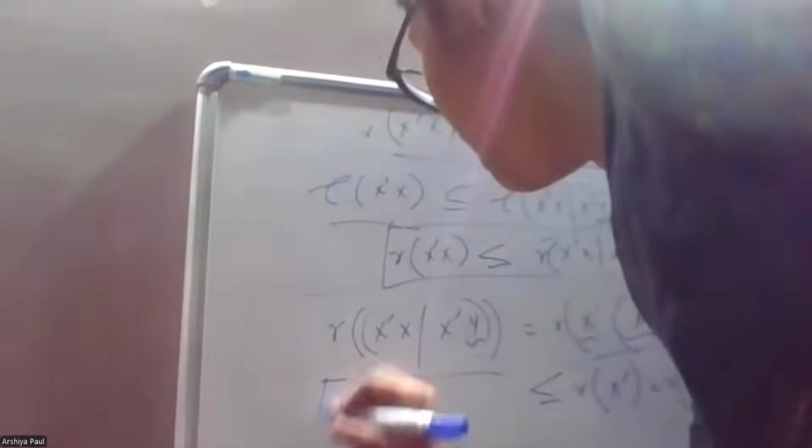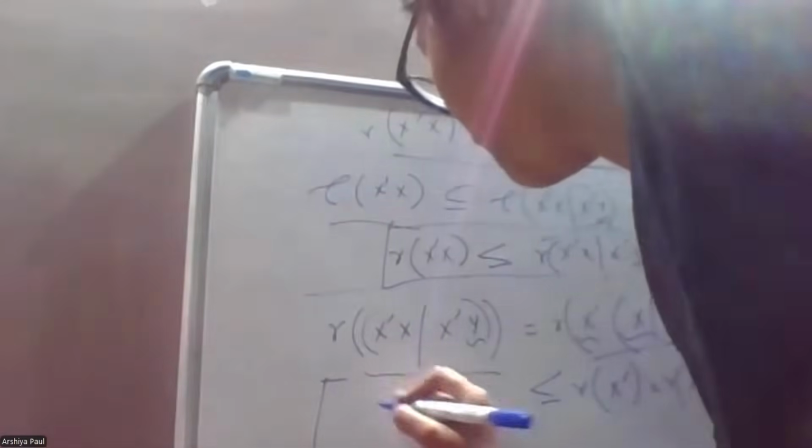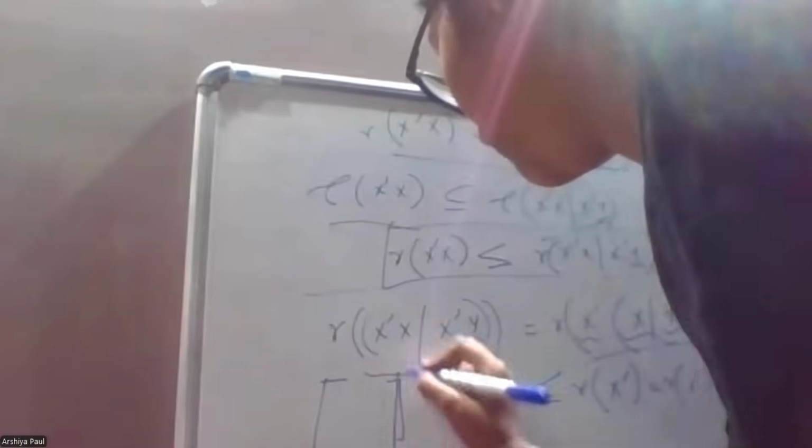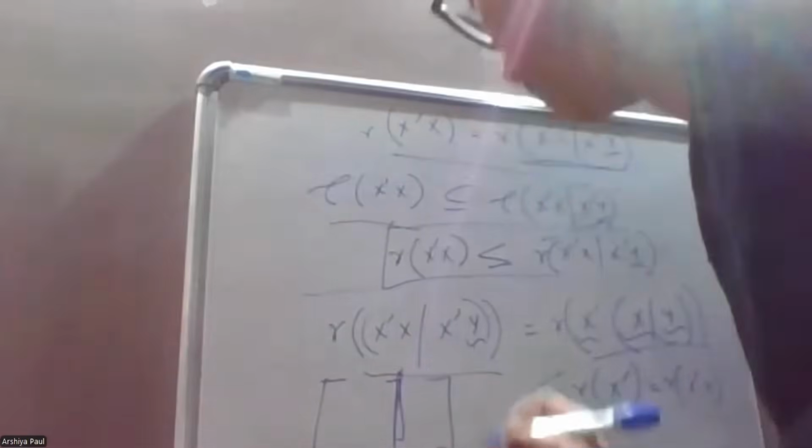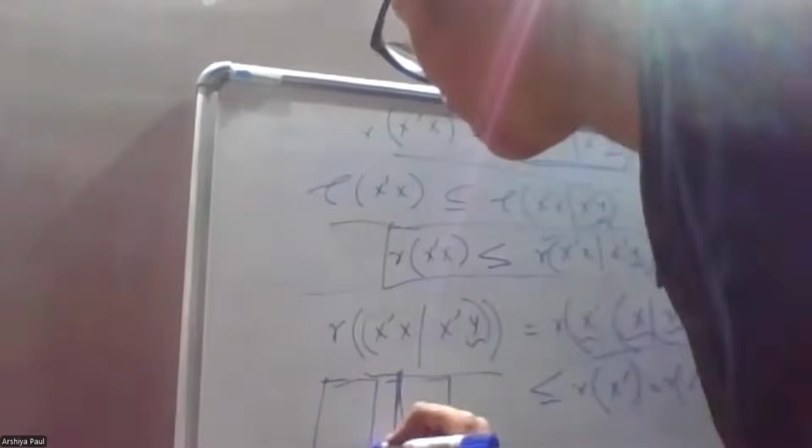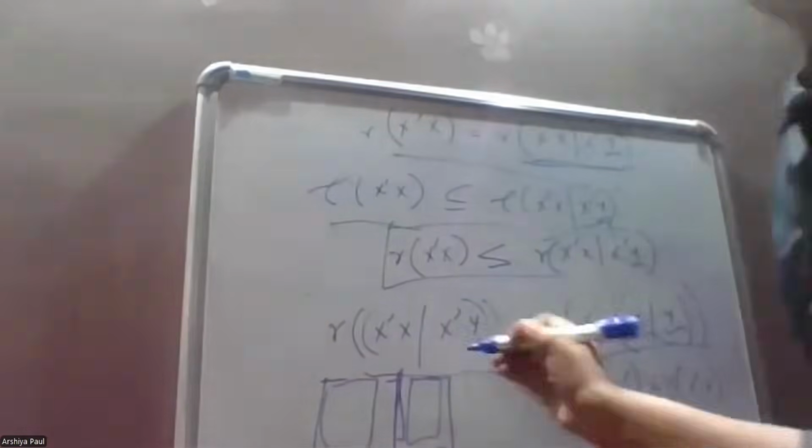What I'm trying to say is, if this is X, I'm adding a column to that. So this is a matrix and Y curl is also a matrix.